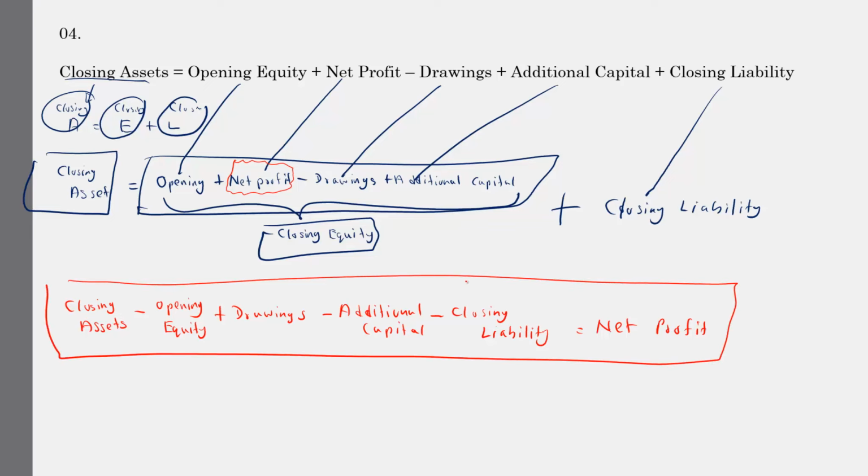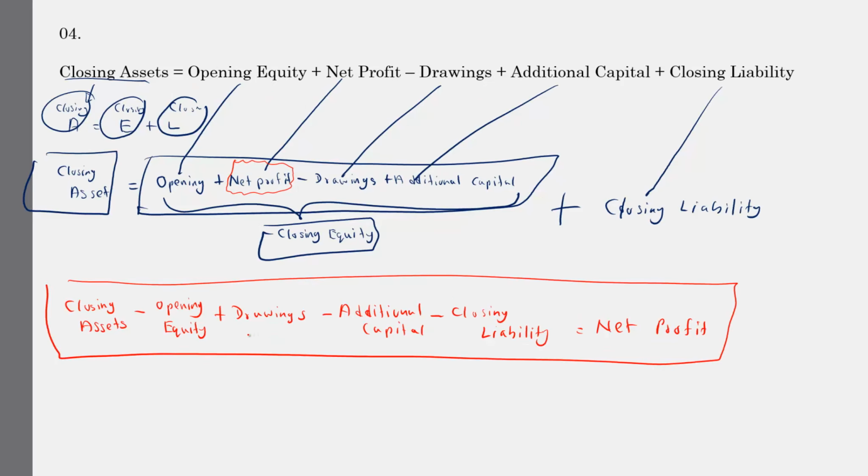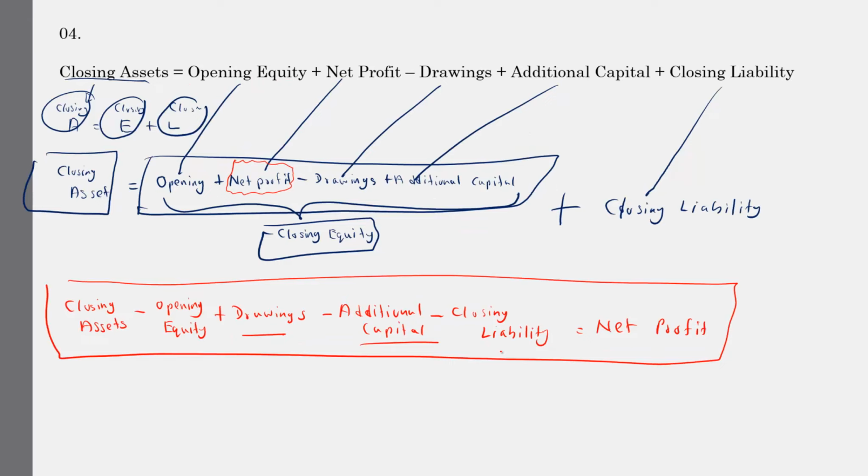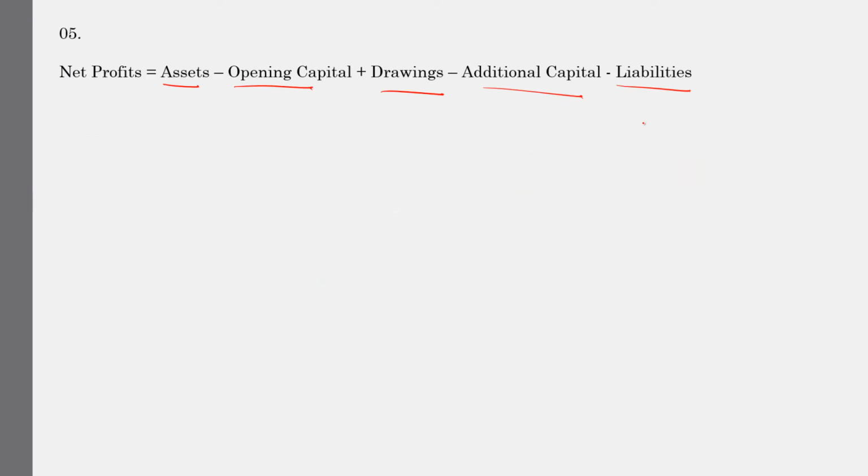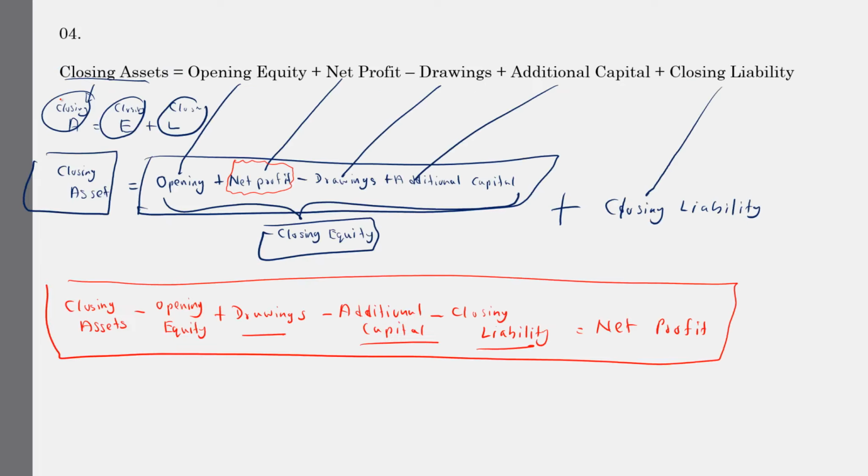Here, see how we calculated the net profit: closing assets minus opening equity, that is assets minus opening capital, plus drawings, minus additional capital, minus closing liability. That's how we found the net profit in this particular equation. As I said, you have to understand how we created these equations.